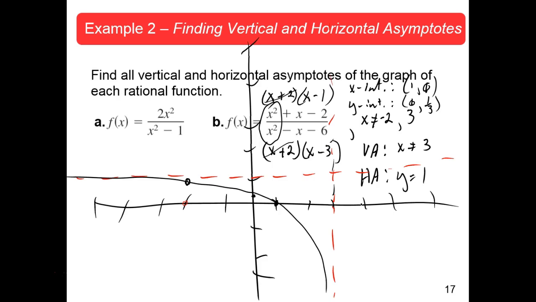Minus 4 would be 12. Minus 6 would be 6. So that was 18 over 6, which is positive 3. So when x equals 4, y is equal to 3. Right there, I think, or somewhere there.